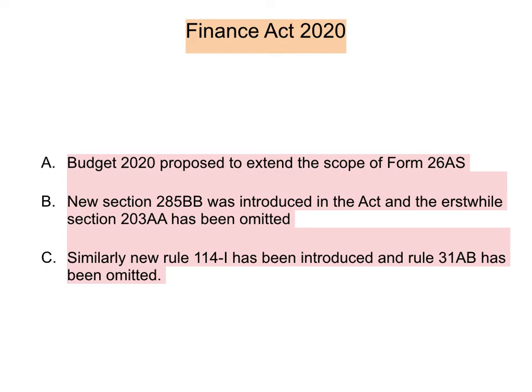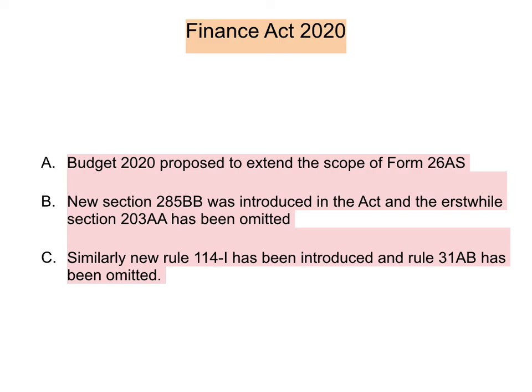With the introduction of Section 285BB, our erstwhile Section 203AA stands deleted. The updated version of Form 26AS is now called Annual Information Statement, AIS in short. This has come in force from 1st of June 2020.